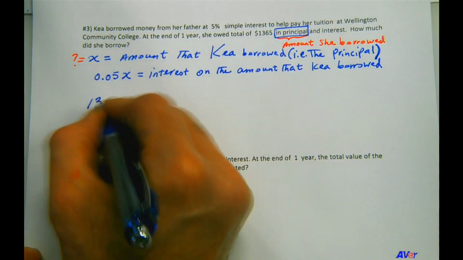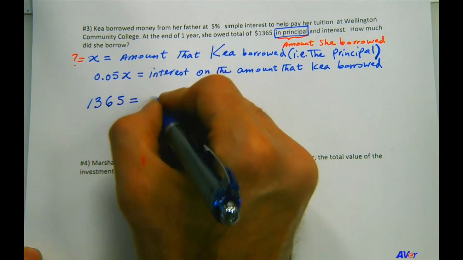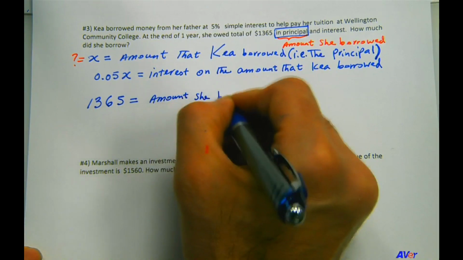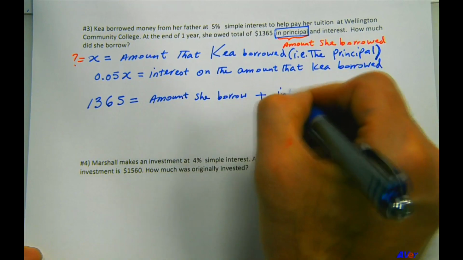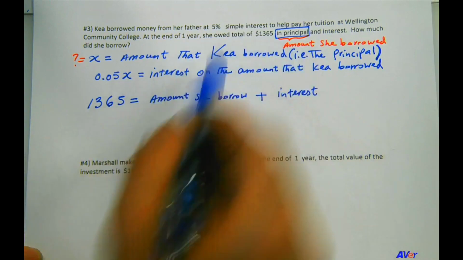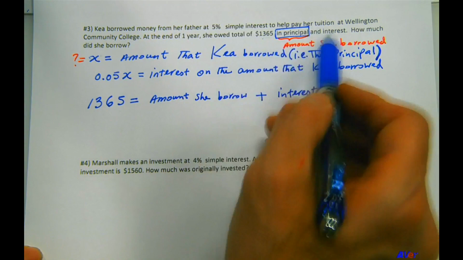So $1,365 should be equal to the amount she borrowed plus interest, right? Isn't that what that is saying? She owed a total of $1,365 in principal and interest.